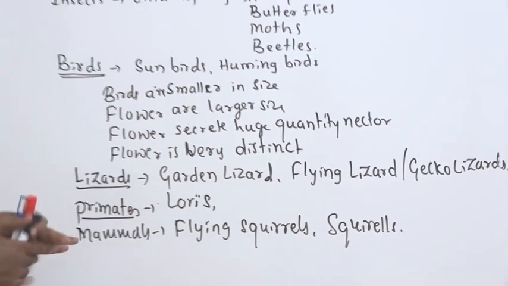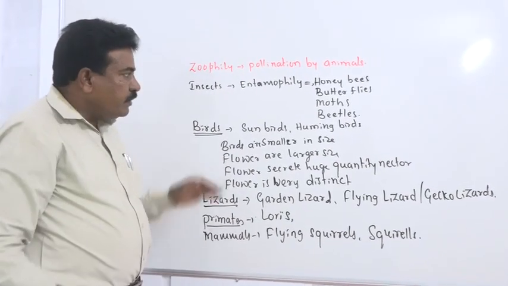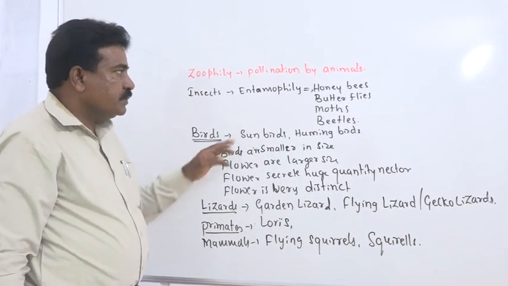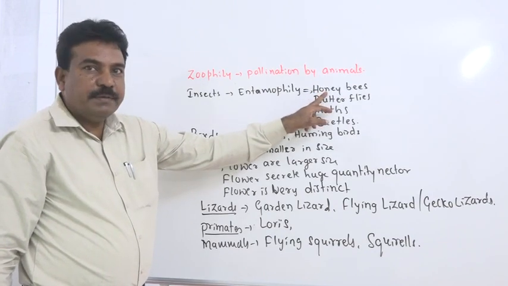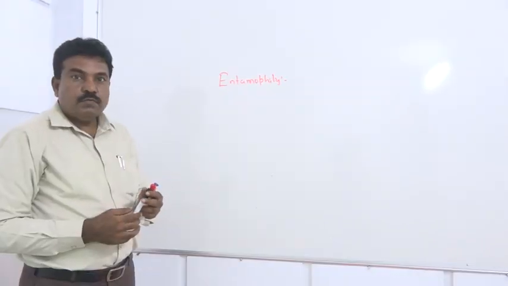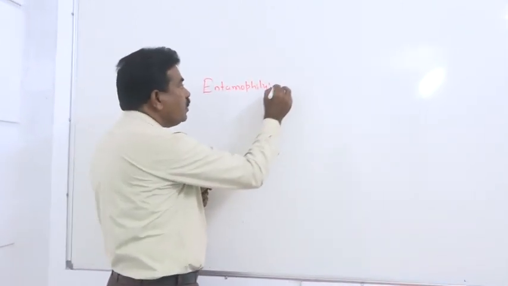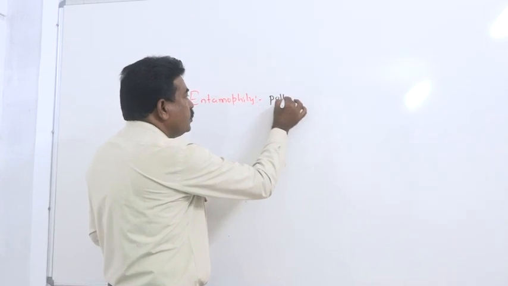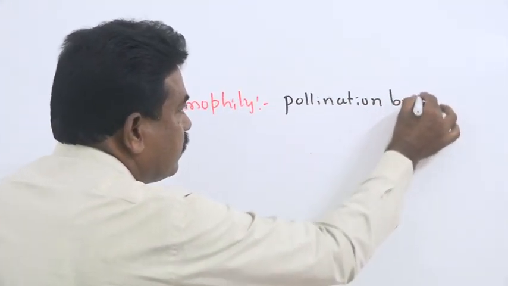By this, what it indicates is that the majority of animals in the animal kingdom play a very important role in the pollination process. In that, the major group is insects, mainly honeybees. The most important part of pollination is entomophily. It is pollination by insects.